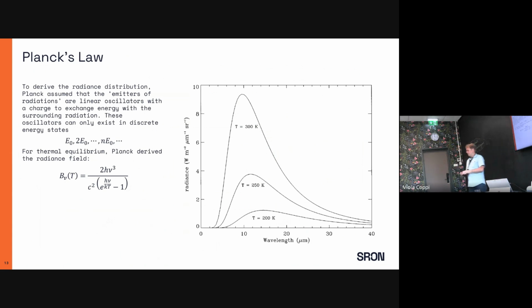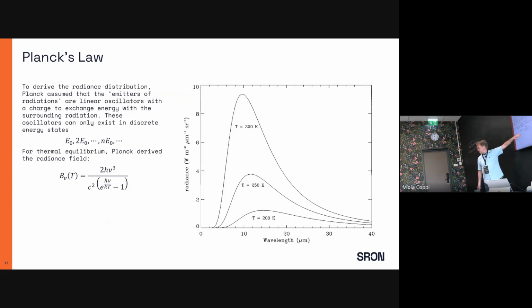But he said, no, that doesn't do it. We have to assume that these oscillations of charges in matter only exist at certain discrete energy levels: E naught, the ground state, E one, the first excited state, and so on. Using that assumption, and the assumption of thermodynamic equilibrium, he could derive the Planck radiation.